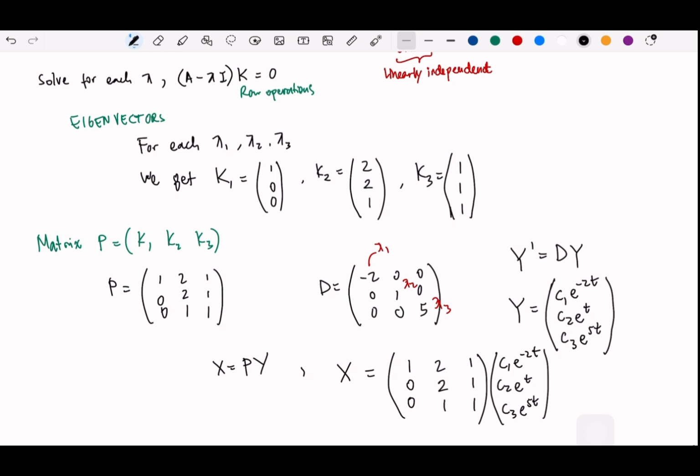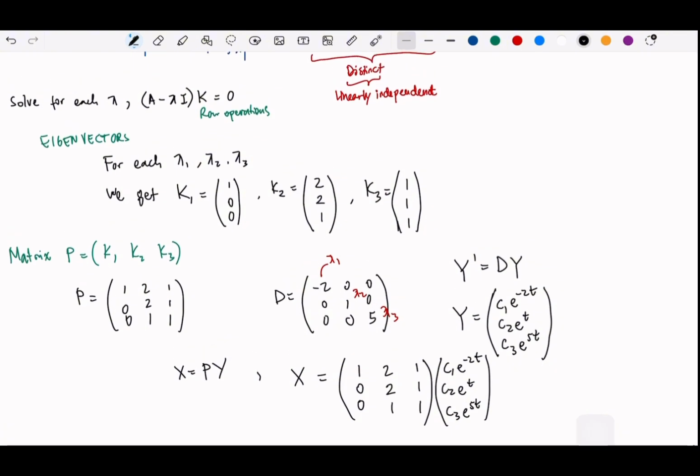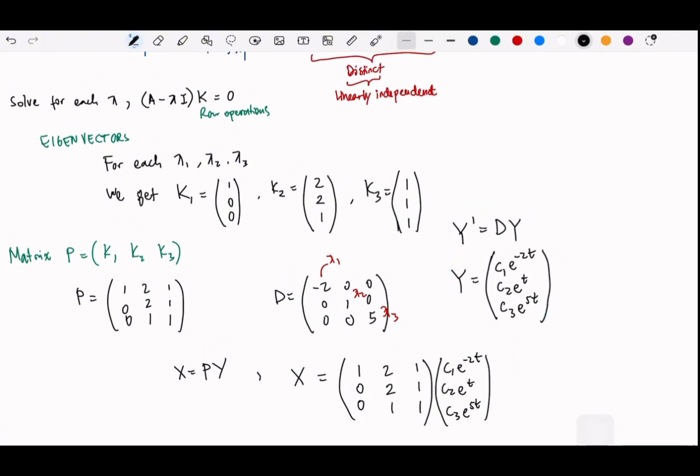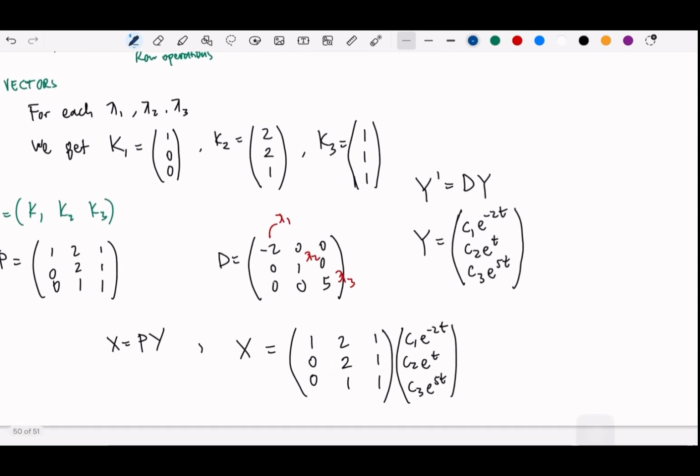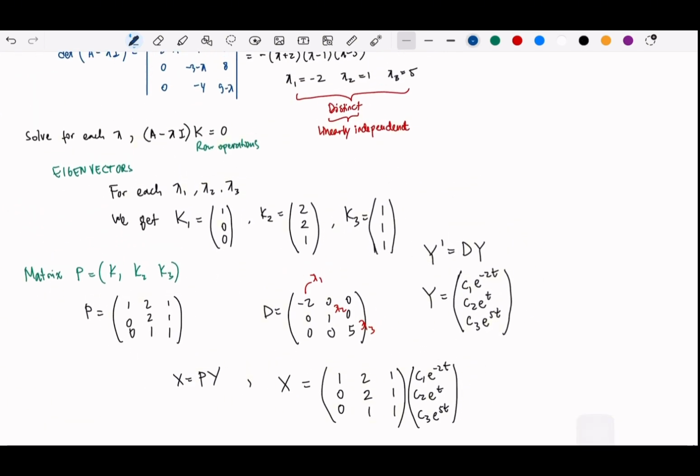Okay, and practically this is the solution. So this could be written as x, and we can nicely write each column.